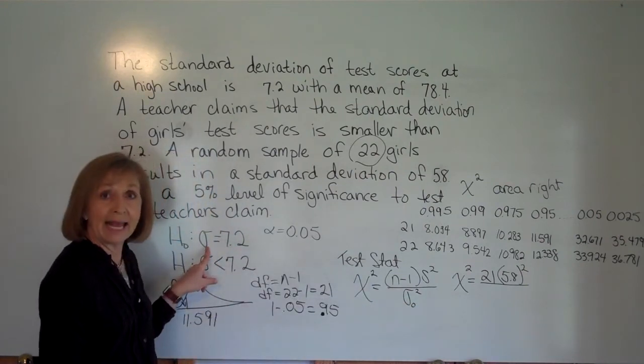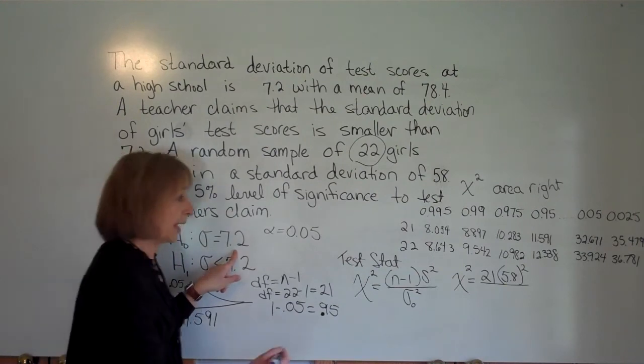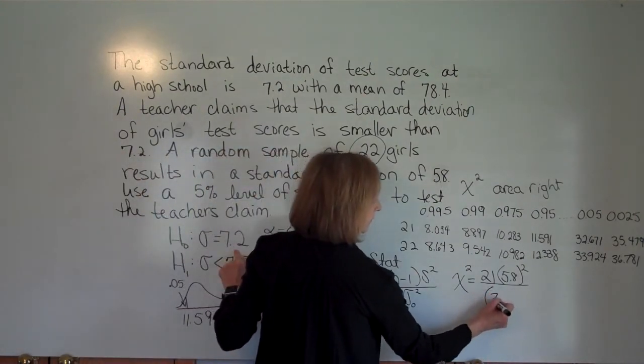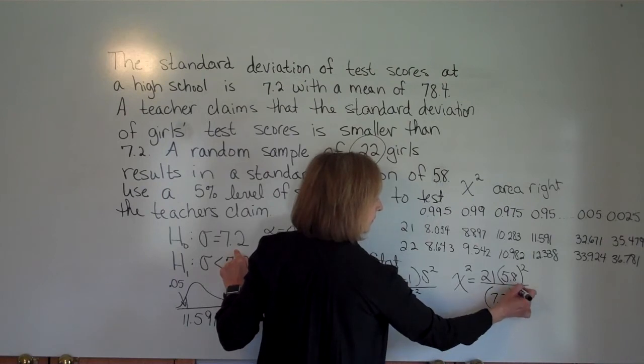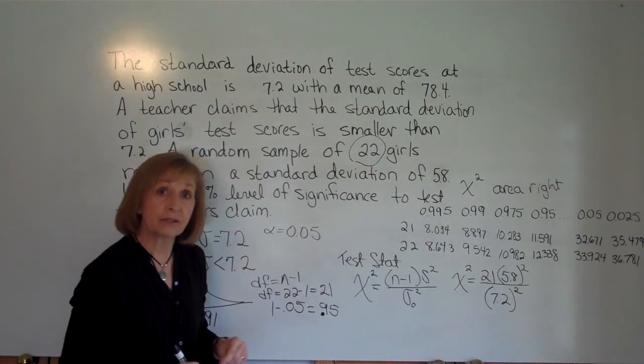Here I have the sigma, so I have to put the 7.2 and square it. Now when you go through and do that calculation, you get 13.63.